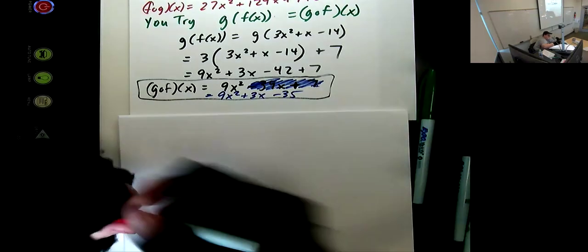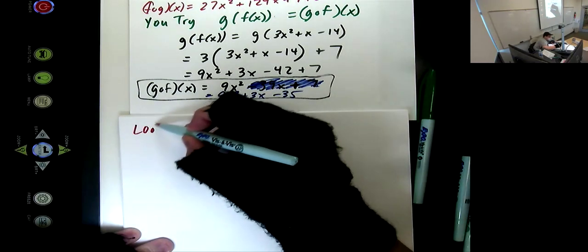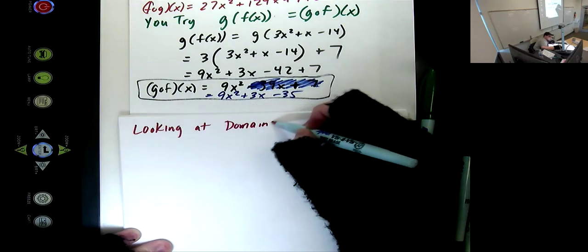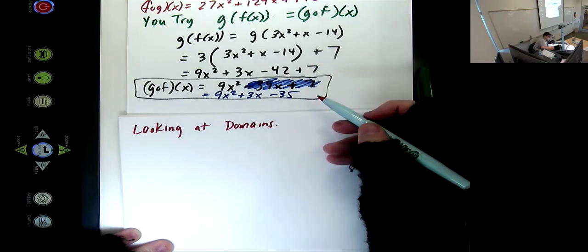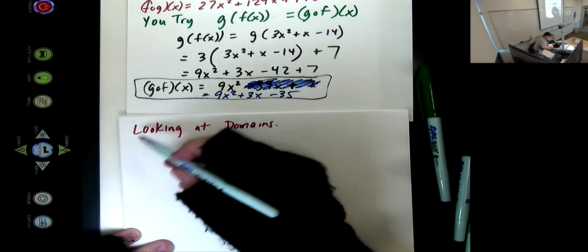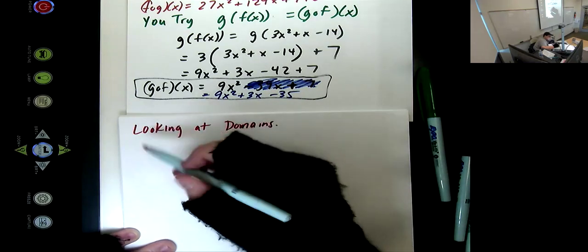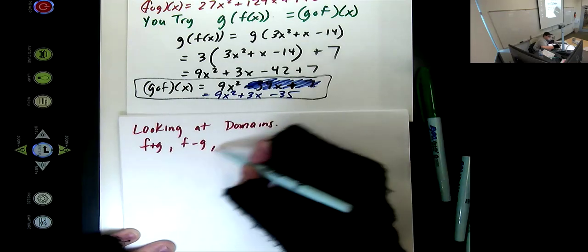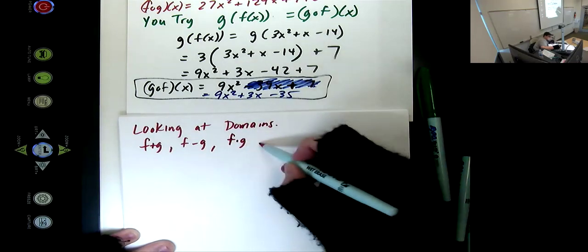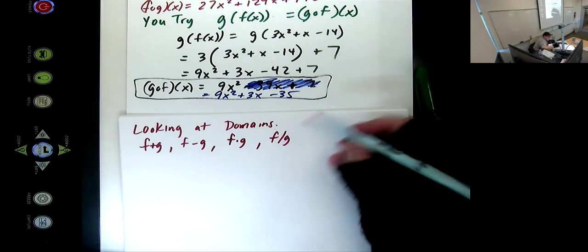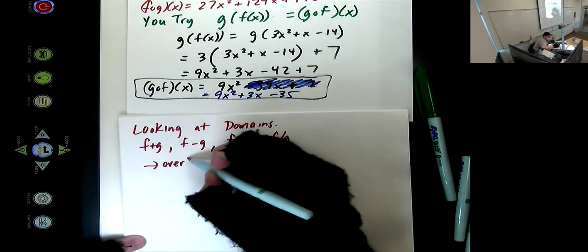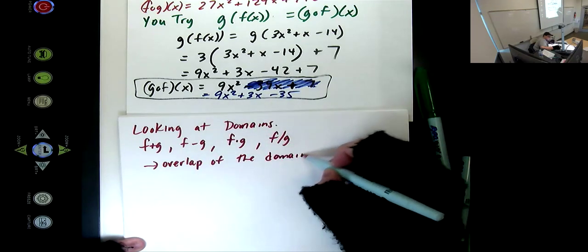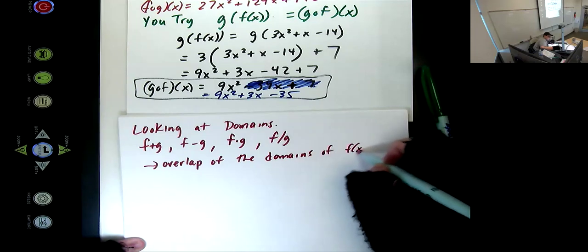So looking at domains of these, like what are the valid inputs? So when you're doing all of the arithmetic ones, it's the overlap of the domains of f of x and g of x.